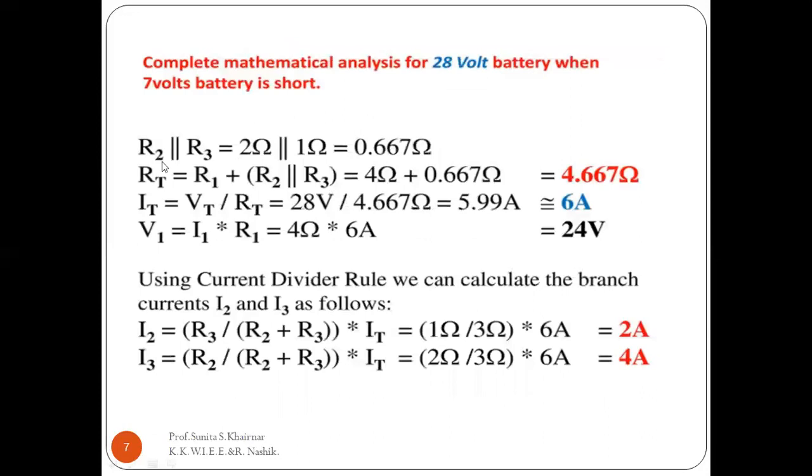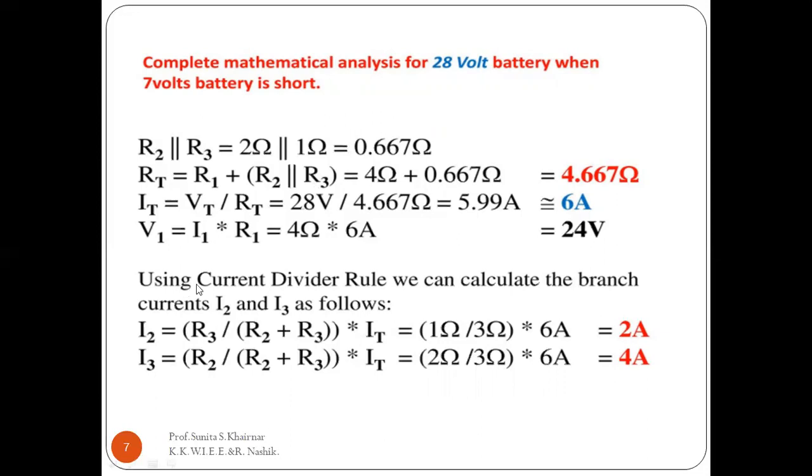These are the calculations. R2 parallel R3 will give you 2 ohm parallel with 1 ohm, so 0.667. So RT will be R1 plus R2 parallel R3, so the total will be 4.667 ohm. Total current will be 5.98, and V1 is I1 into R1, that is equal to 4 ohm times 6 ampere.